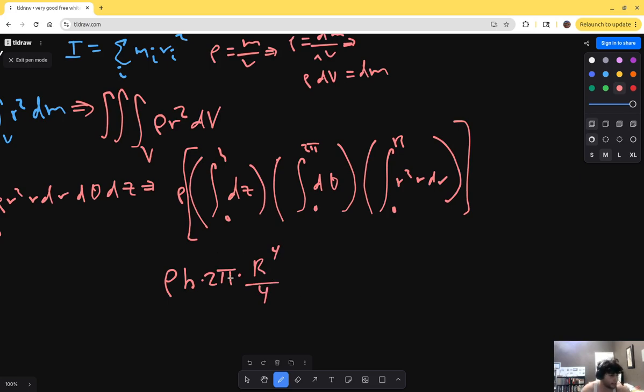And we can see that the 2 and the 4 simplify, the 2 cancels. That leaves you with rho h pi r to the 4th over 2.